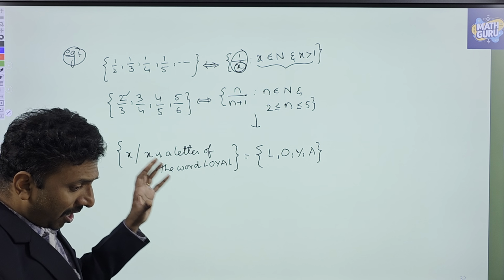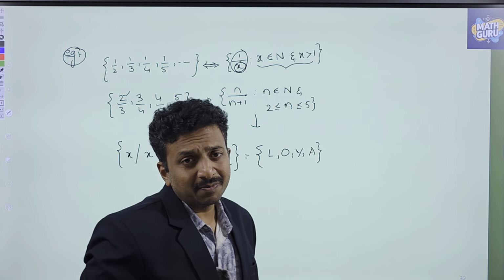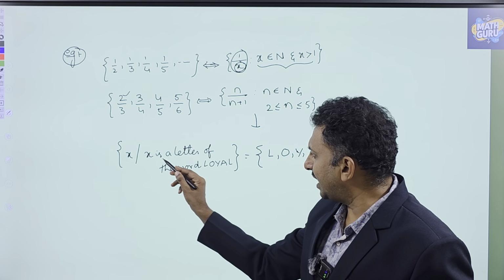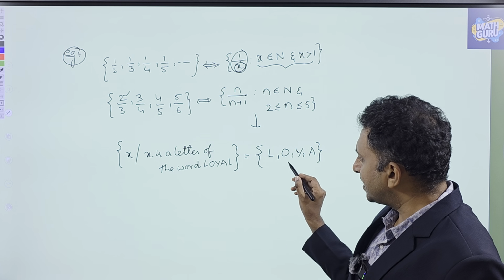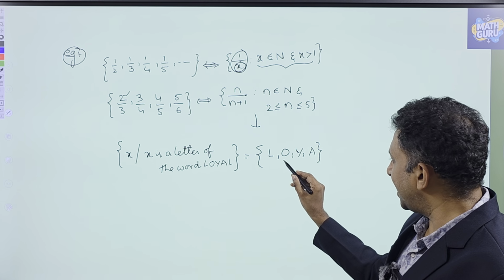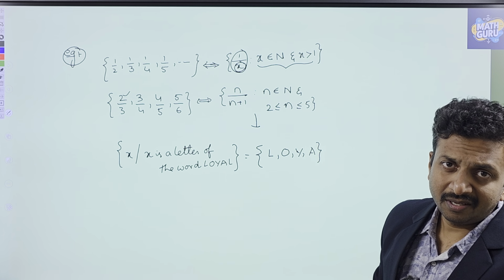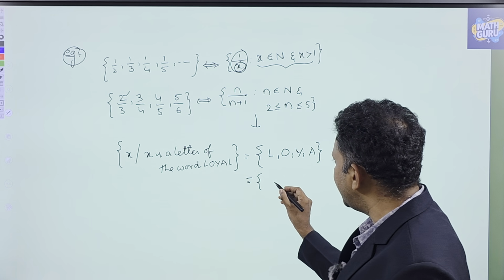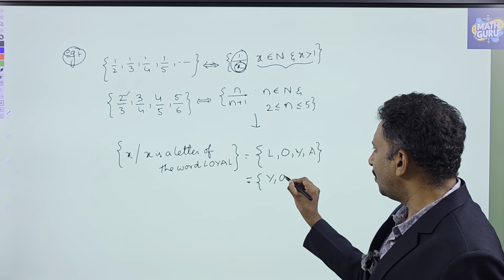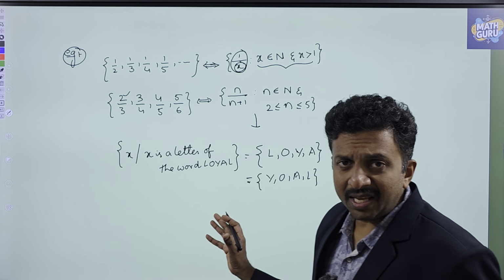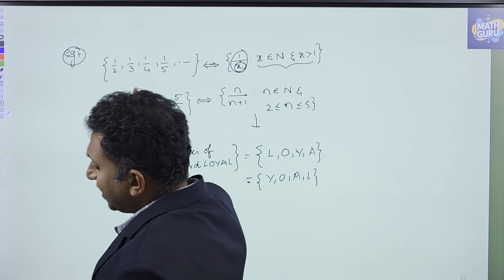Loyal might be a 5-letter word, but it is made up of only 4 English letters. So x such that x is a letter of the word loyal is same as a set containing L, O, Y, A. Clear? And you can write the order of these elements in any way you want. Y, O, A, L. This is also same.